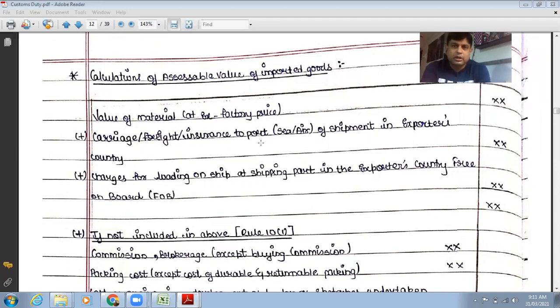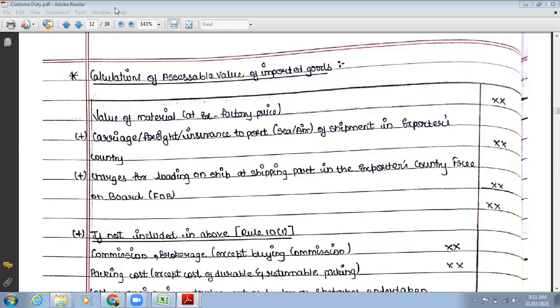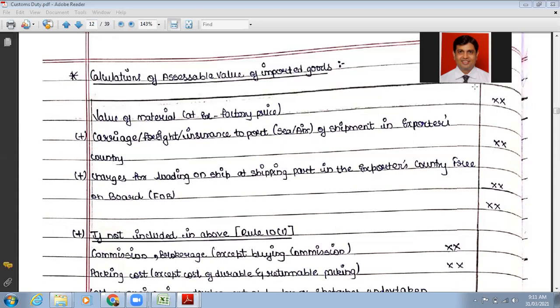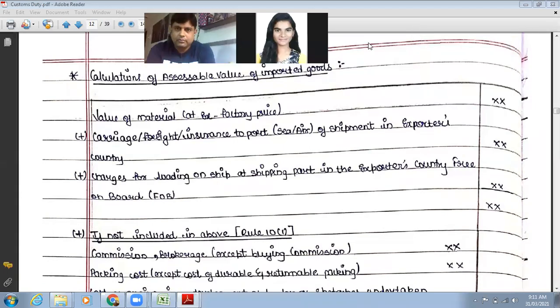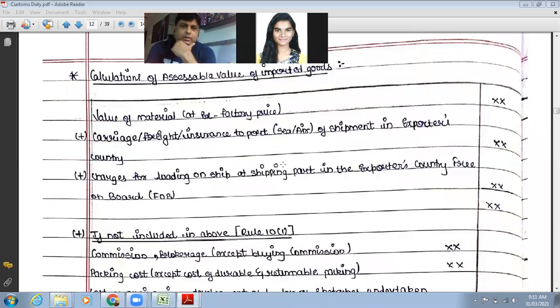Wherever there is an exporter country, whatever cost you have incurred at the factory will be called ex-factory. So this is the cost at ex-factory.